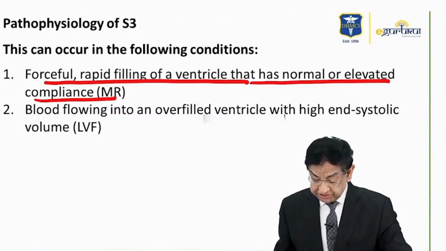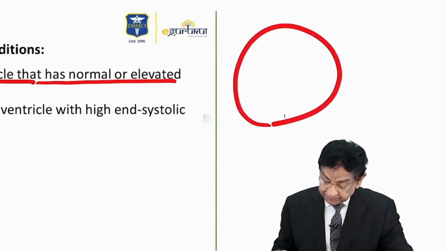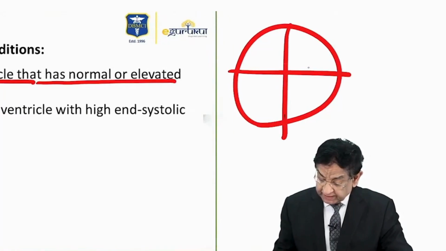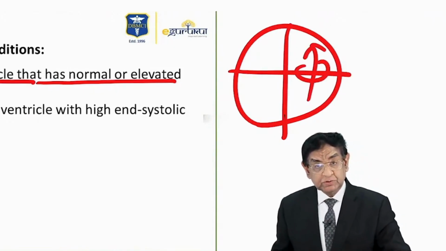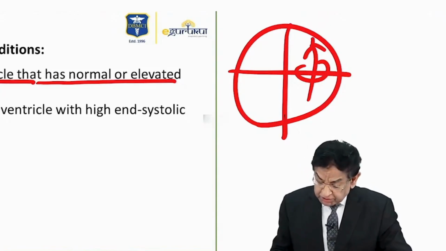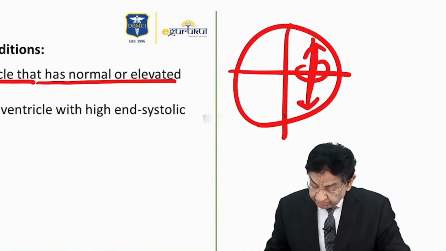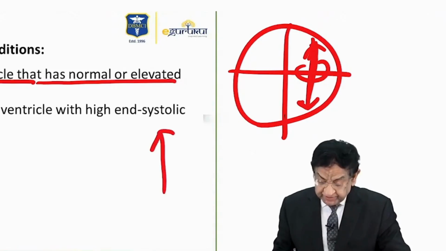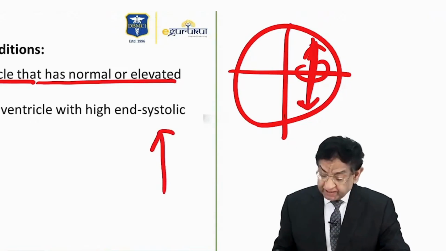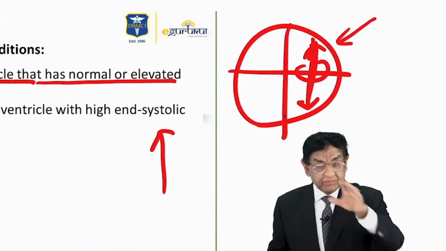Mitral regurgitation. Well, this is the heart, and in MR, blood goes into the left atrium in systole. In diastole, a very large amount of blood, the blood which has gone from LV to LA, and of course blood is also coming from the lungs.